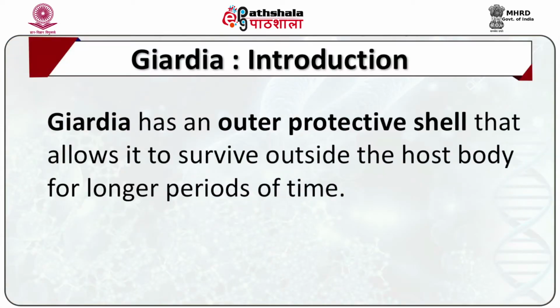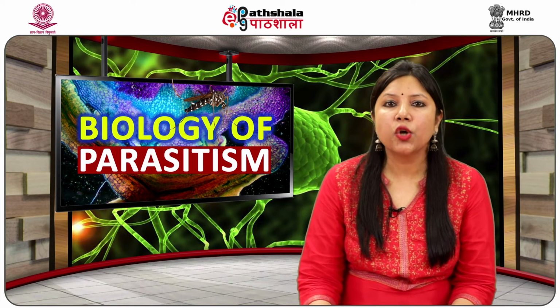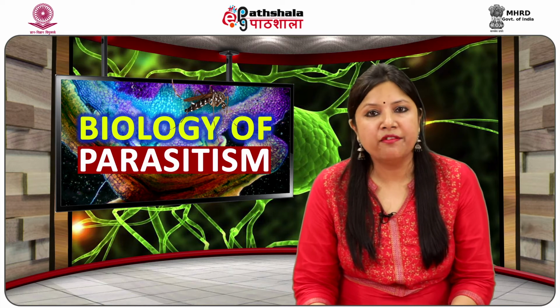If we see the structure of the parasite, you will find that it comprises an outer protective shell that allows it to survive outside the host body for a longer period of time, and it also makes the parasite tolerant to chlorine disinfection.